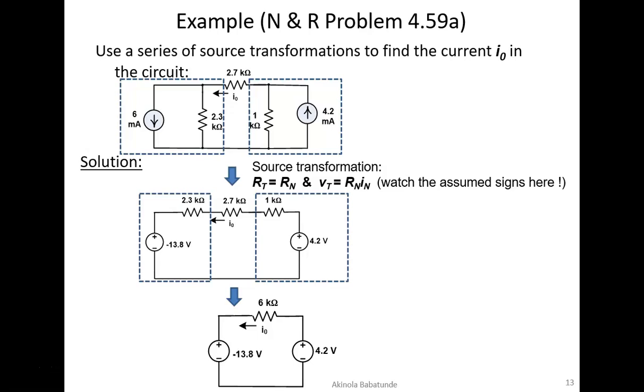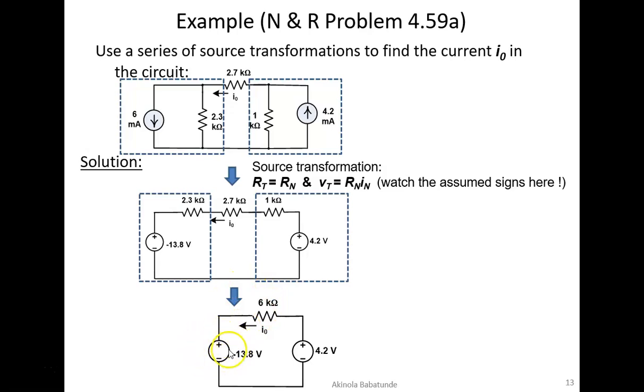In that particular case, you will add the voltage sources together. So when the plus terminal of one is connected to the negative terminal of the other, you have series aiding voltage sources, and in that case you add them together.